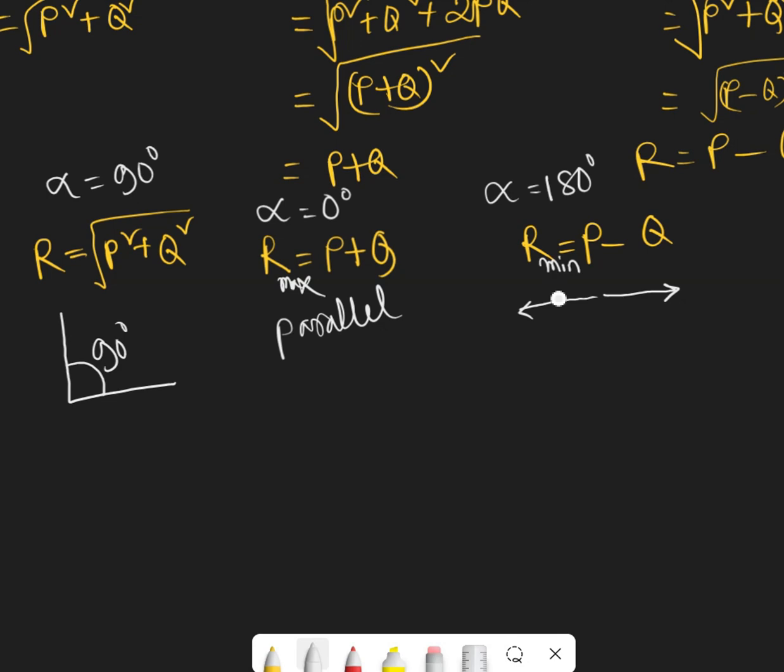If two vectors are in opposite directions, in that case we'll have the minimum value, and when they are parallel, we'll have the maximum value. It means the sum of these two vectors is the maximum value, and when they are perpendicular, we'll have the square root of P square plus Q square.